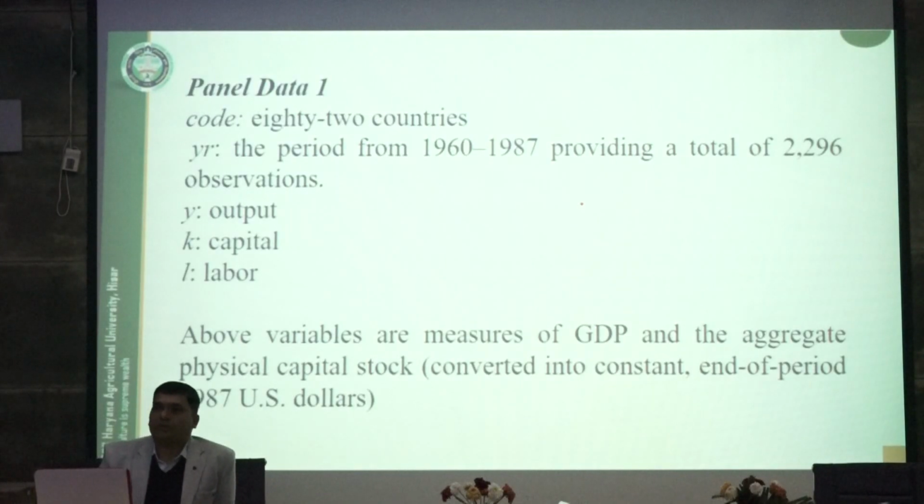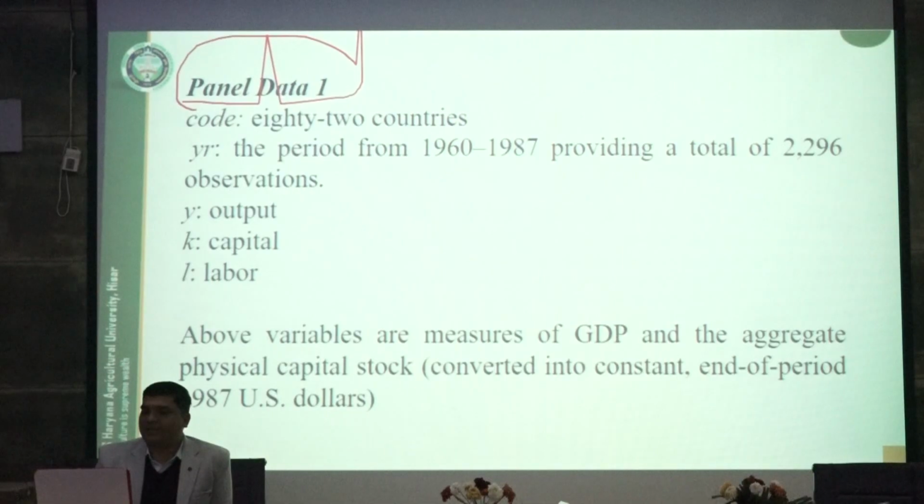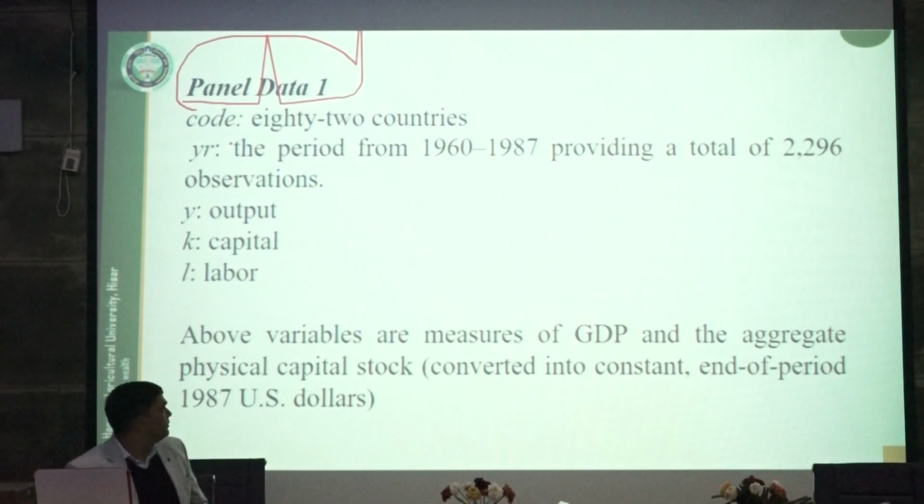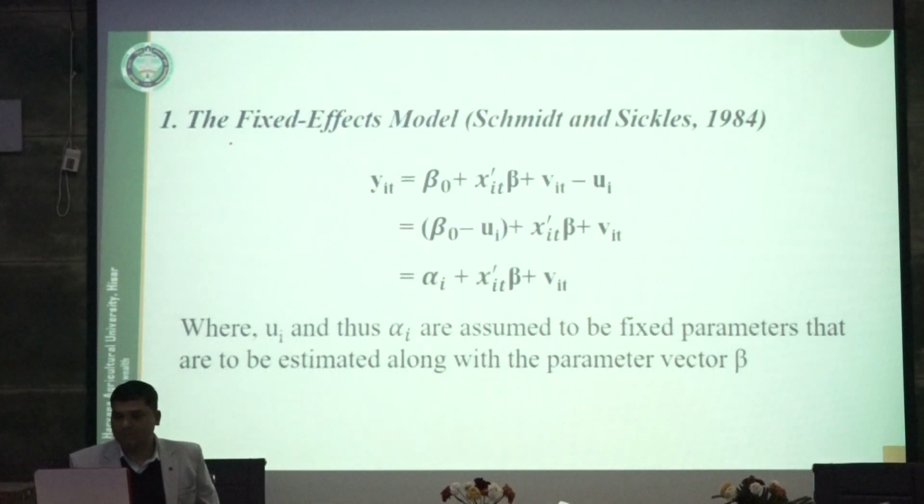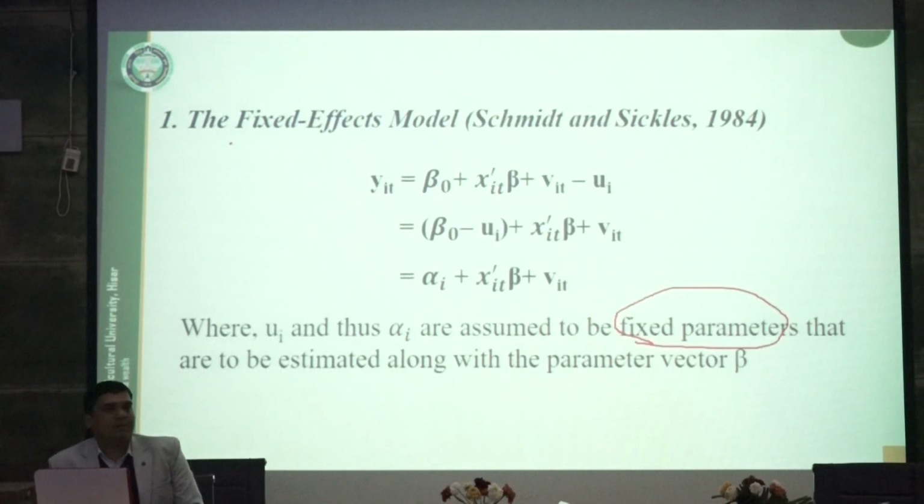So for the panel data regression, we have used the data given by sir, which is panel data 1, and this has some variables. Sir, can you please move to the previous slide? I have to know. Okay, so this is the model.